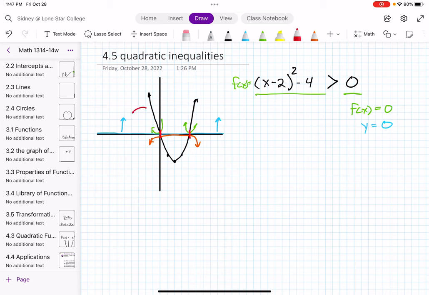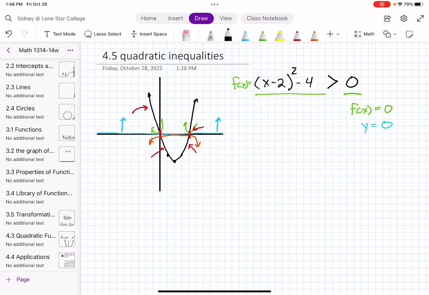So over here, this part is above, and as soon as you cross that x-axis, this part is below. And similarly, this part is still below, but when it hits the x-axis, this now becomes above. So those zeros of this function, the x-intercepts, are the points where it changes from being above 0 to less than 0.